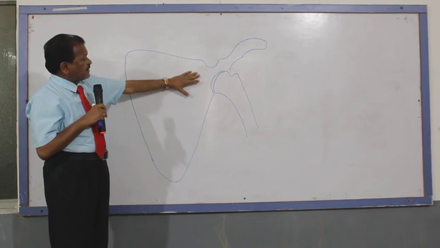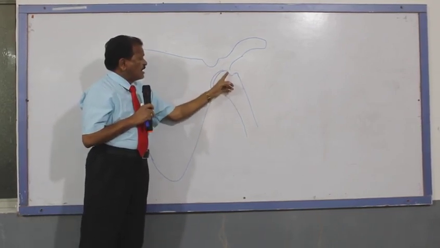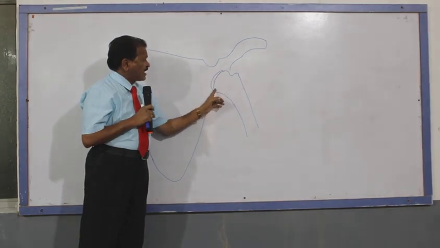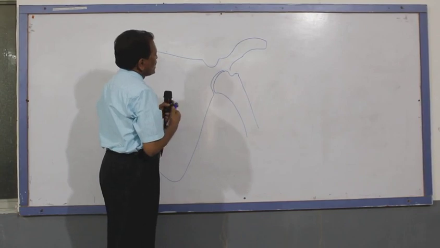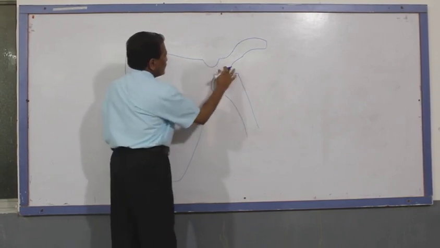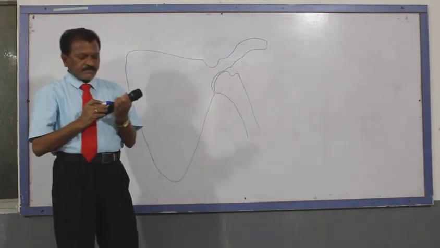The head of the humerus has an articular surface, and this articular surface articulates with the glenoid cavity to form the shoulder joint.